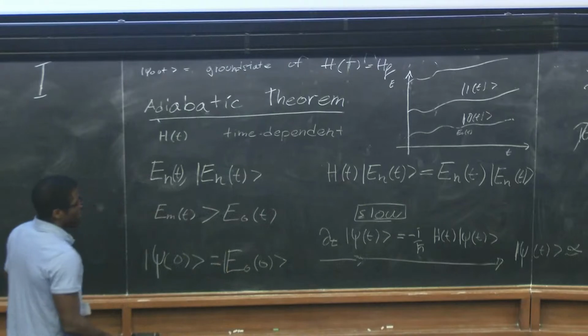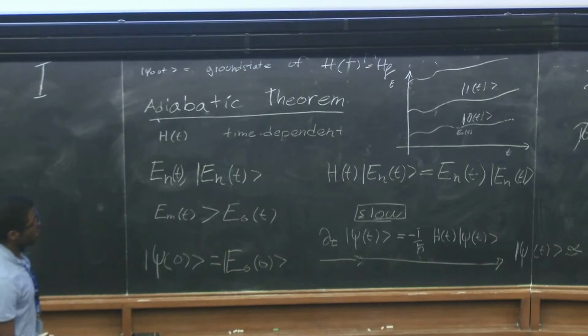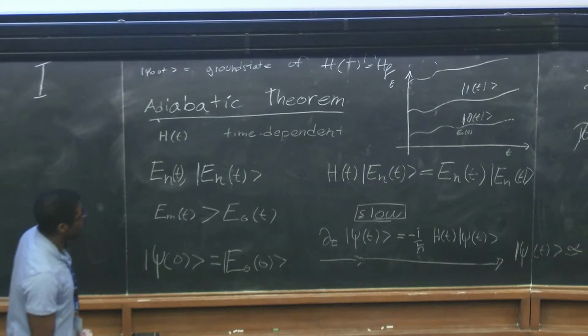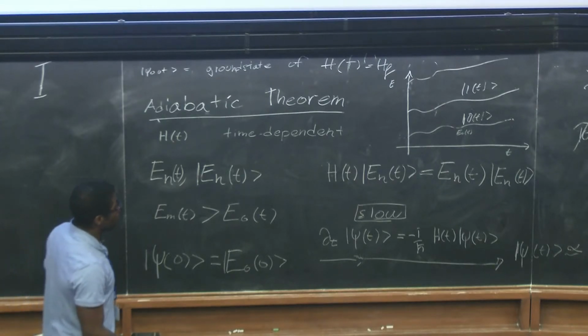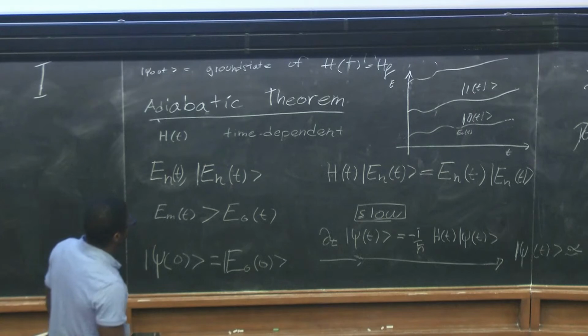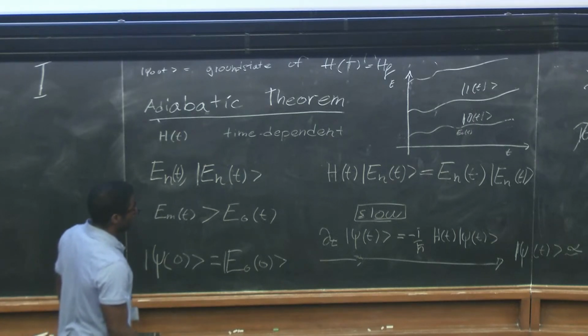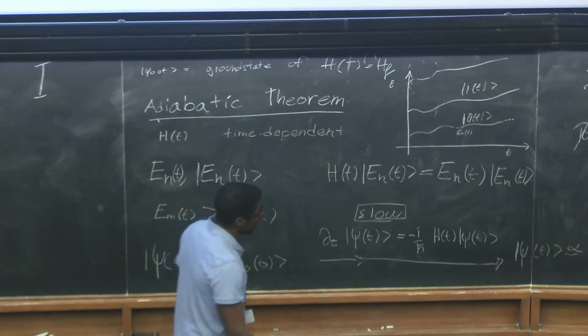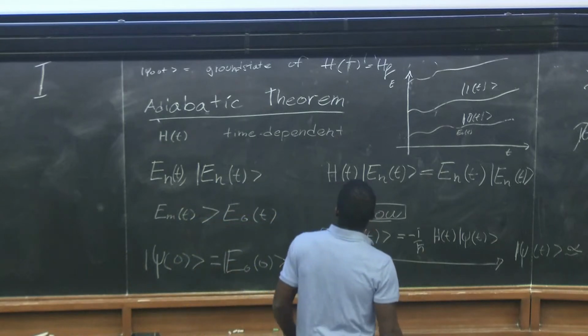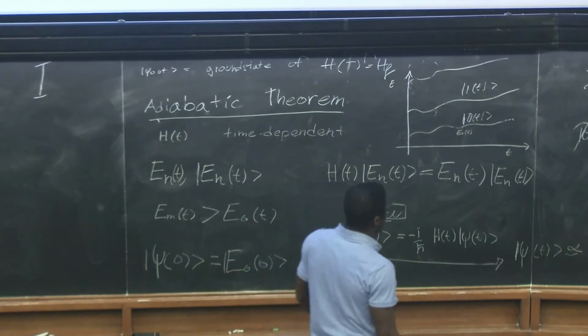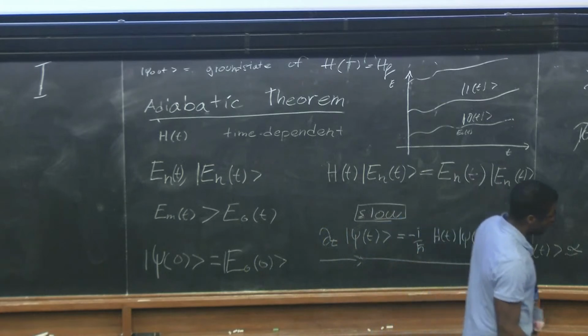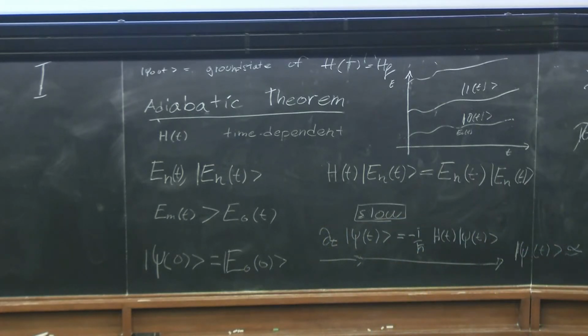So before describing in detail how we can use this in quantum computing, I want to spend a few minutes discussing the proof and the bounds that are related to this theorem.